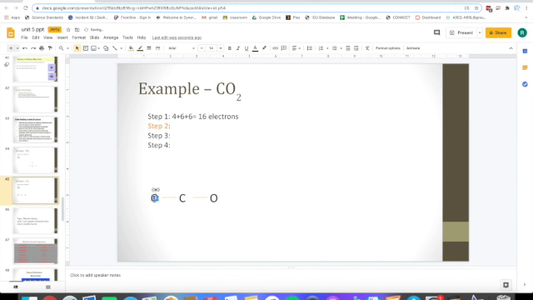So put 2 there, 2 on this side. So that's 2, 4, 6, 8, 10, 12. And if there's a line, you don't put dots there.